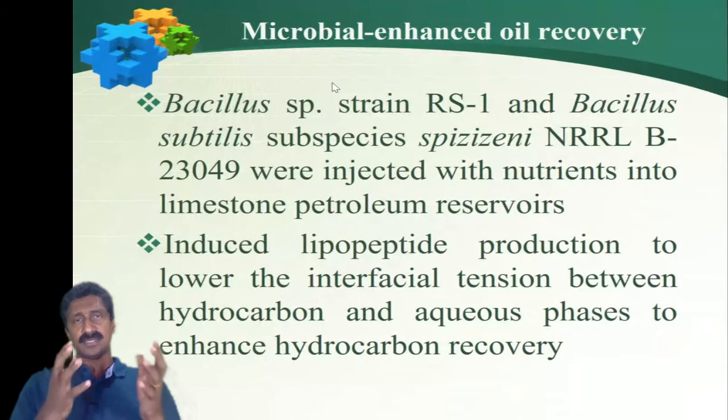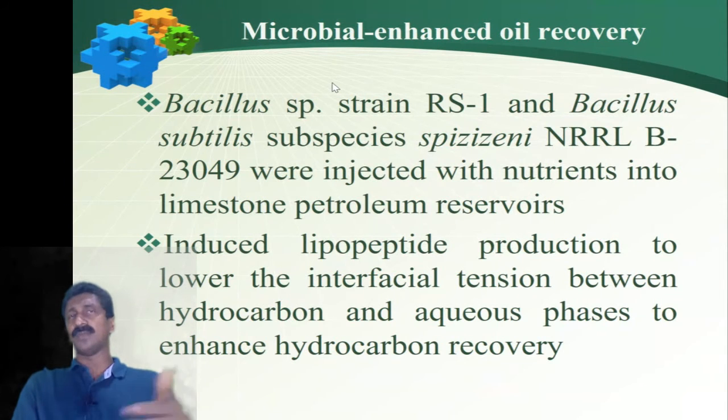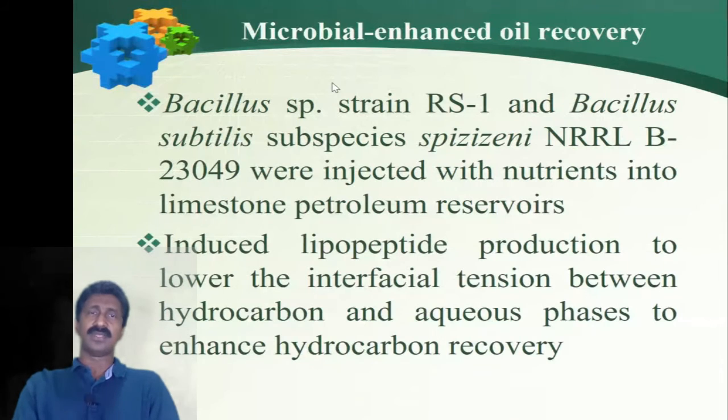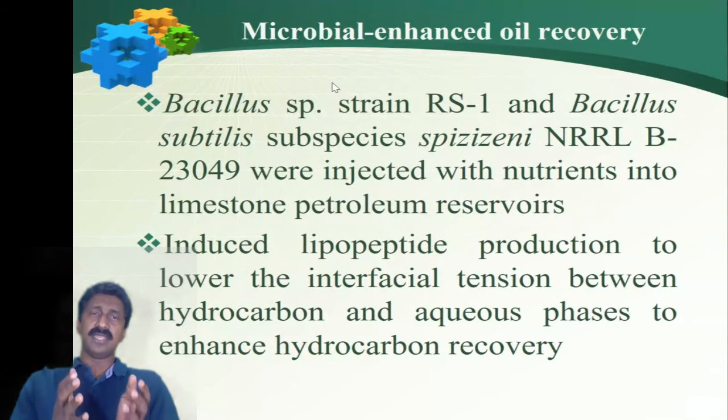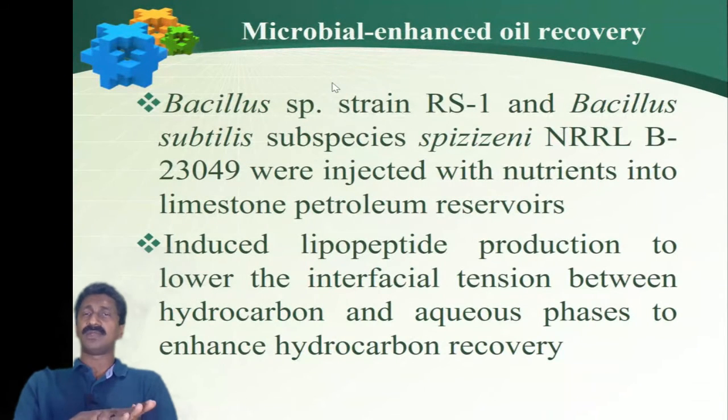So that organisms, which are the biosurfactant producers, will be injected along with required nutrients into the limestone petroleum aquifers reservoirs, which is present underground, and that induced lipopeptide production to lower that interfacial tension between the hydrocarbon and aqueous phase to enhance the hydrocarbon recovery.